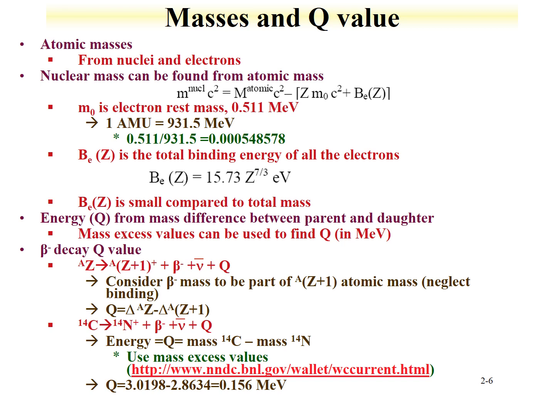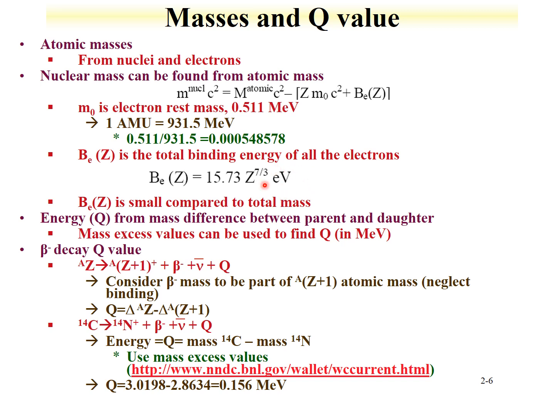So the fraction of the mass that the electron has compared to one nucleon is pretty small. In that regard, eliminating the electron mass from this equation makes sense. The total binding energy of all electrons can be given by this equation, where the binding energy is equal to 15 Z to the 7/3 in eV, where Z is the number of protons.